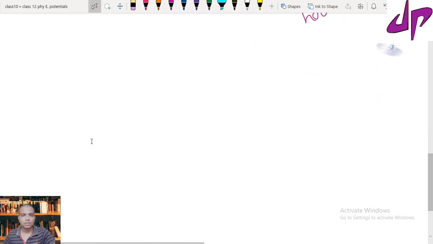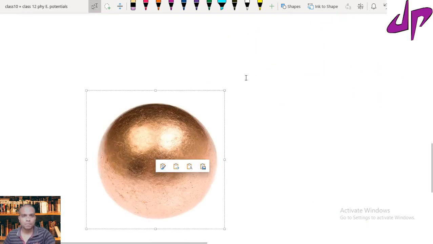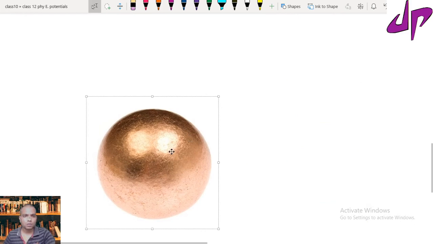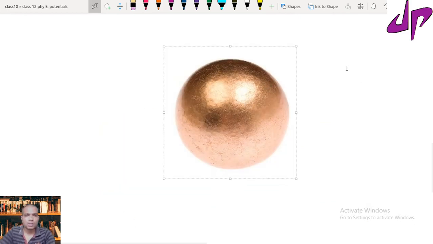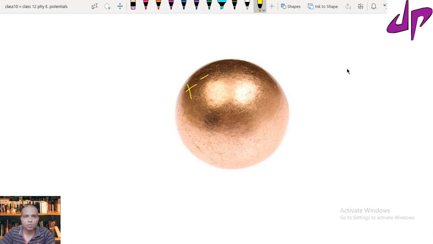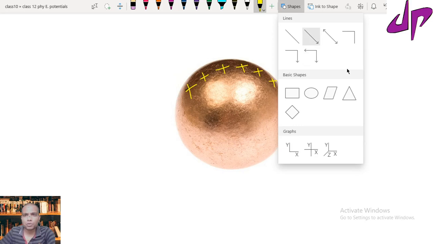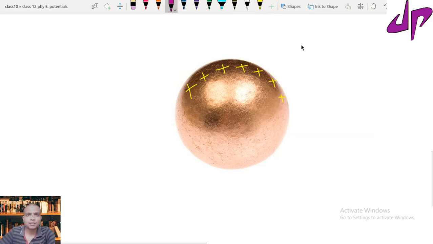Suppose this copper is my conductor, and now this conductor is charged. Let it be positively charged. So this is the positively charged conductor. Now if it is a positively charged conductor, I need to draw the electric field lines.